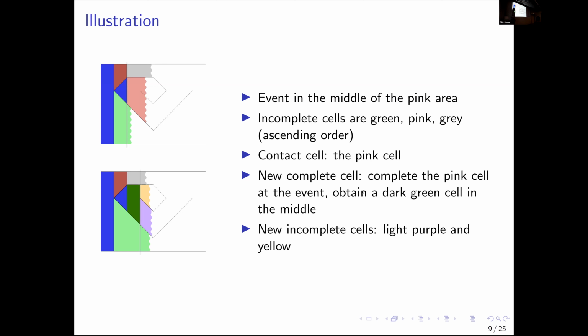Here the three incomplete cells were this light green one, the pink one, and the gray on top. And when we reached here, this one was completed because there was only one cell in contact with the event, and these two new ones were created. Okay. So I repeated myself.